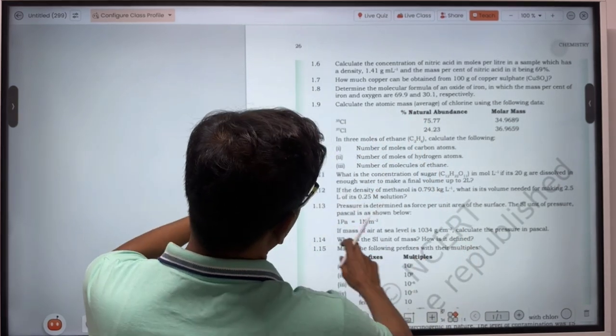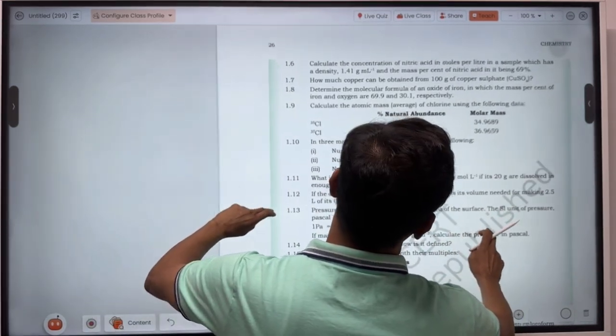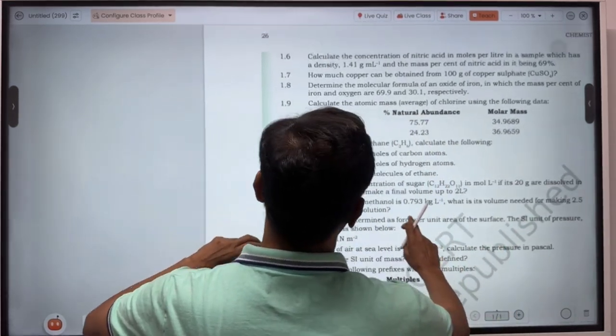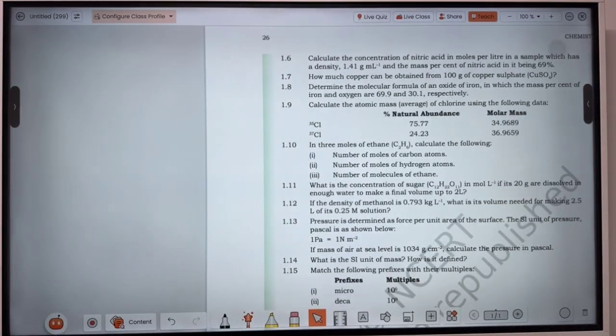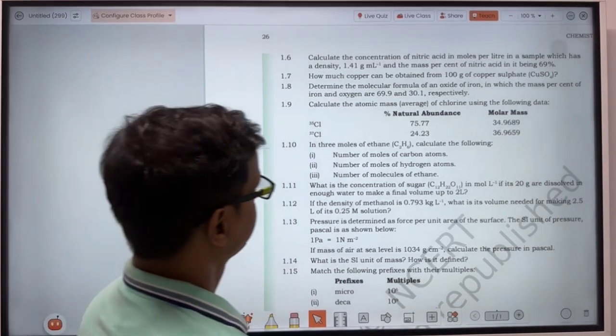What is the question here? Firstly, watch out. Here the density of the solution of nitric acid is given, and its mass percentage has been given also. You will have to find out its concentration in moles per liter.